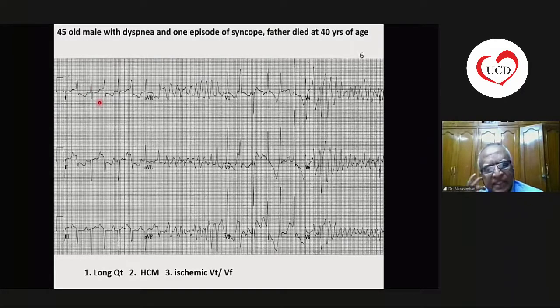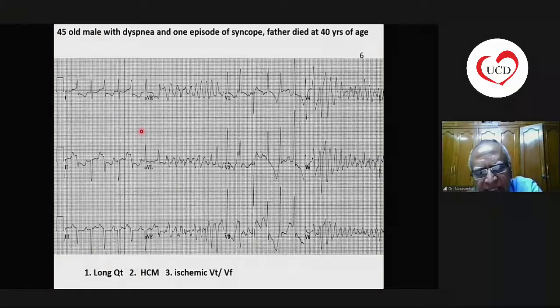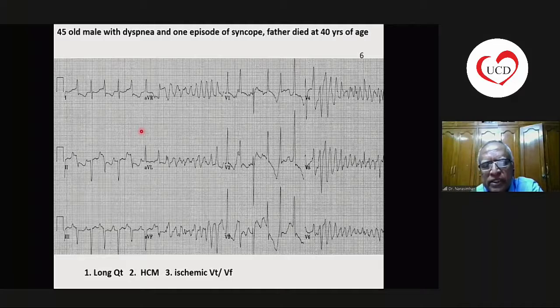In HCM, even during mild exertion, they can develop this. So coronary angiogram, if it is normal, an MRI in this patient is necessary, because anything that decreases the microvascular perfusion can cause this. And that happens at the level of the arterioles in HCM, which can typically present this way.